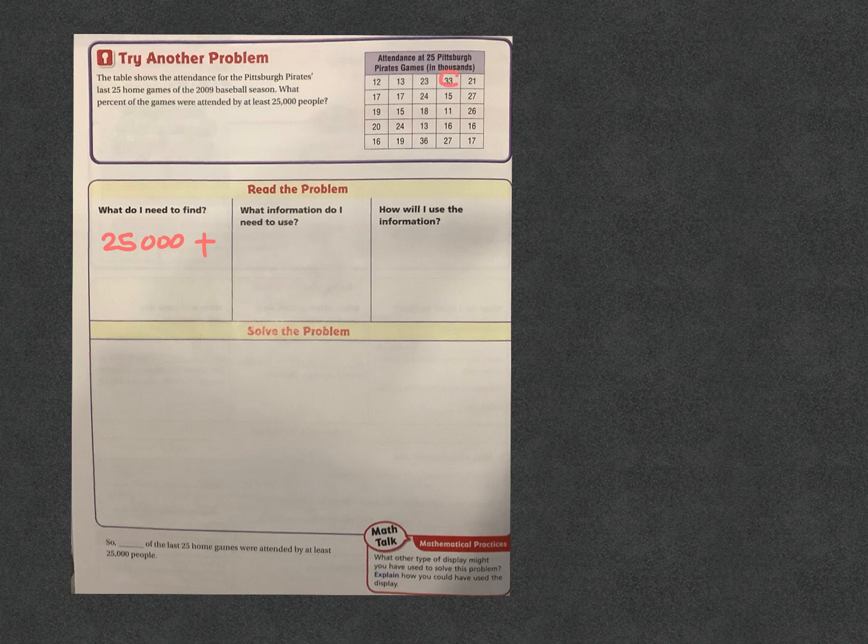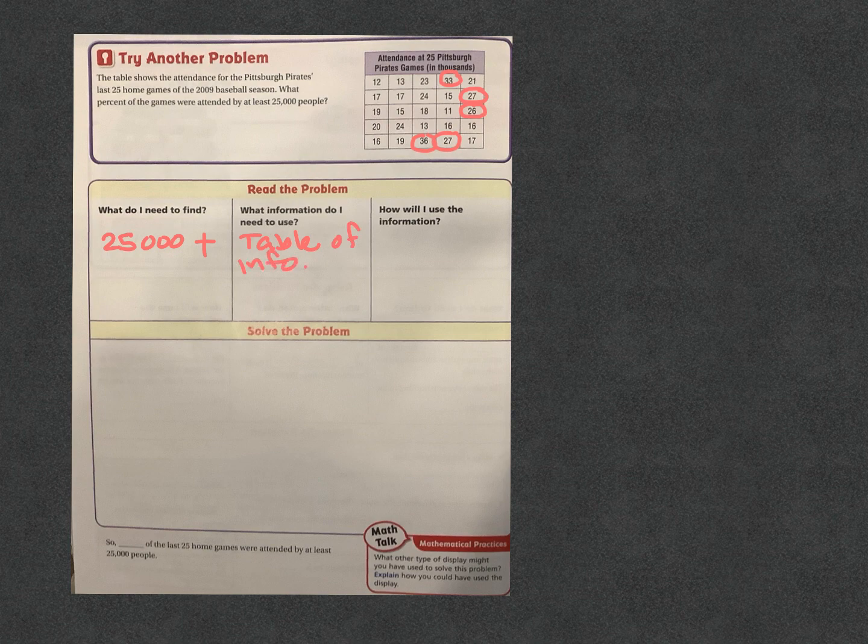There's this one. There's this one. There's this one. And this one and this one. What information do I need to use? Well, I needed the table of information.